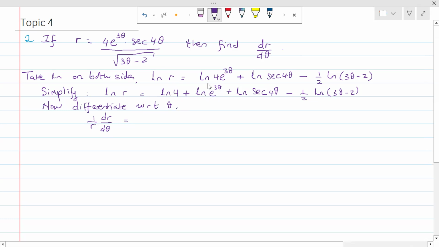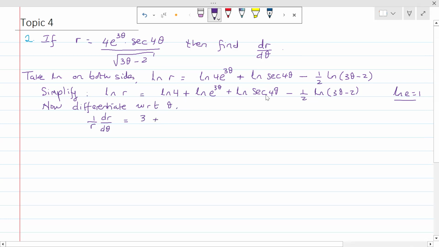What I will do with this here, ln e^(3θ), I will bring this 3θ here. Then ln e. You should know that ln e equals 1. So therefore I'm going to have 3θ. When I differentiate the 3θ with respect to θ, I'm going to get 3.